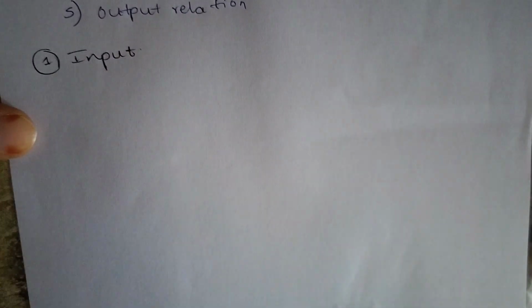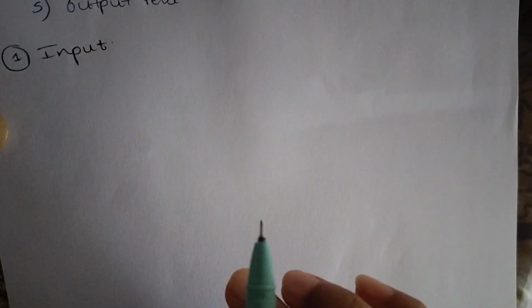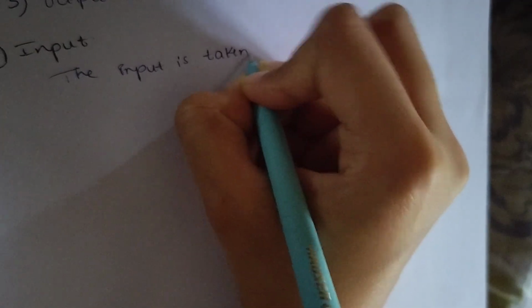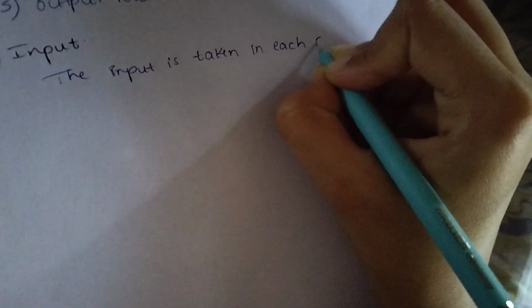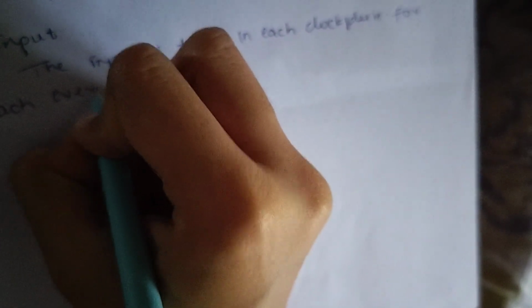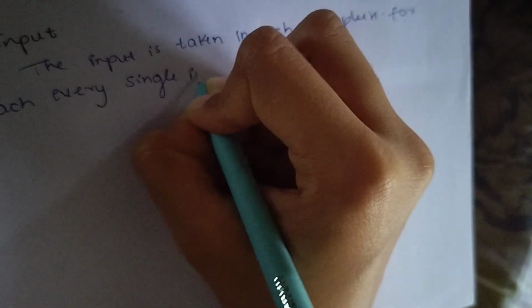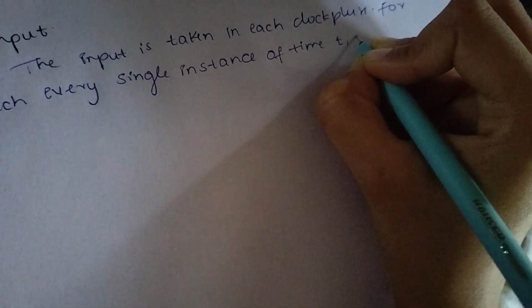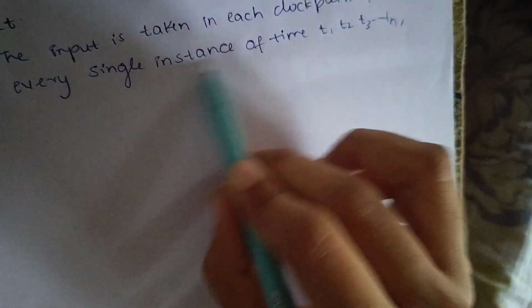Input is one of the most important characteristics of the automata, where input is taken in each clock pulse for each single instance of time t1, t2, t3 and so on up to tn, where tn is represented by an instance of time.